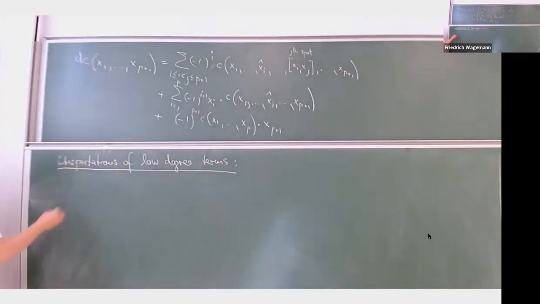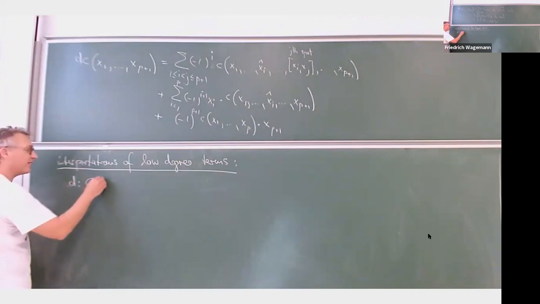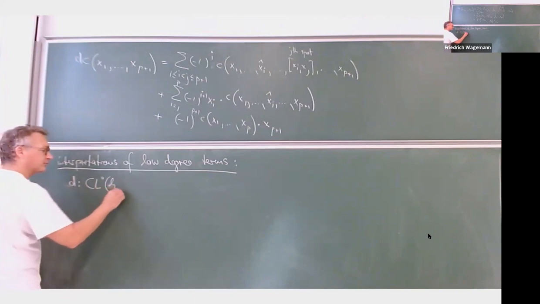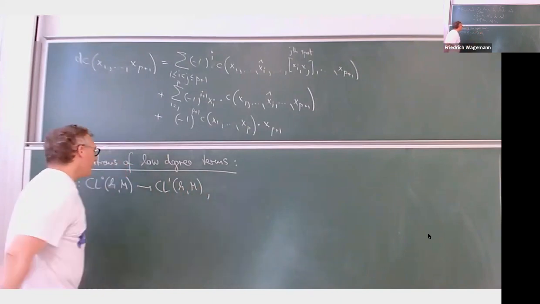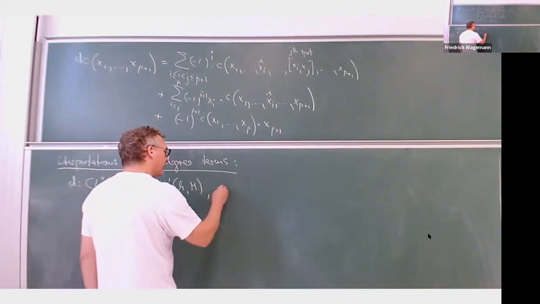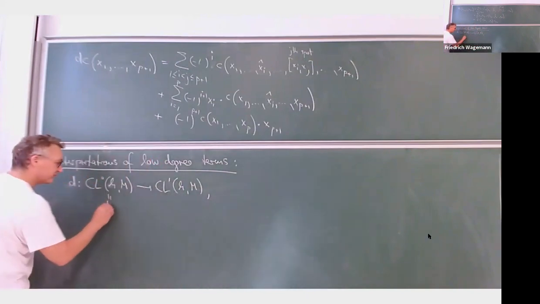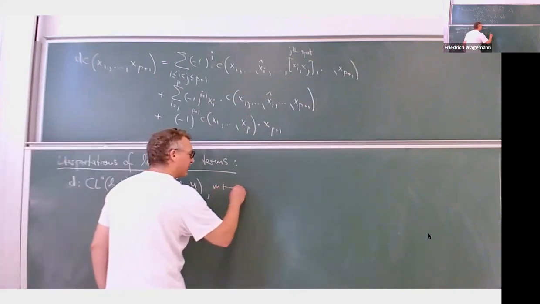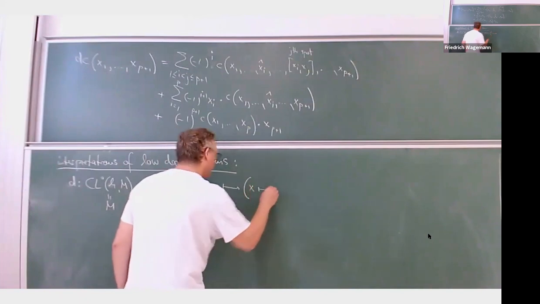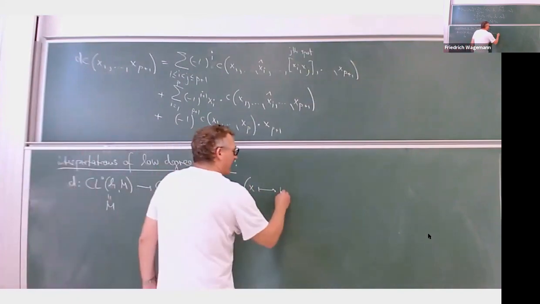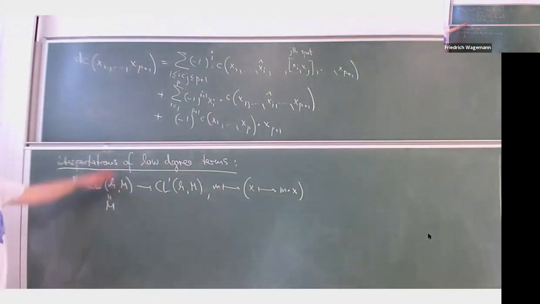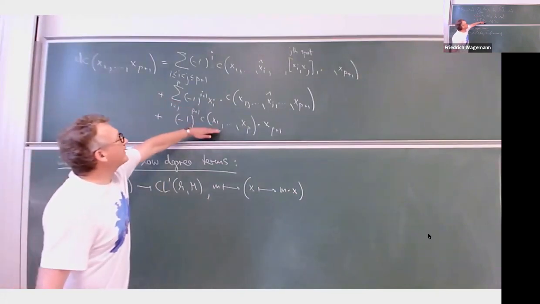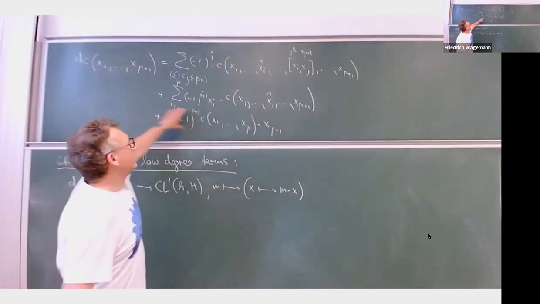So, in fact, the co-boundary operator going from CL0 to CL1 sends now, so CL0 is just M, and M to the map which sends X in H to X acting from the right on M. Yeah, this is because only this last term here is visible.